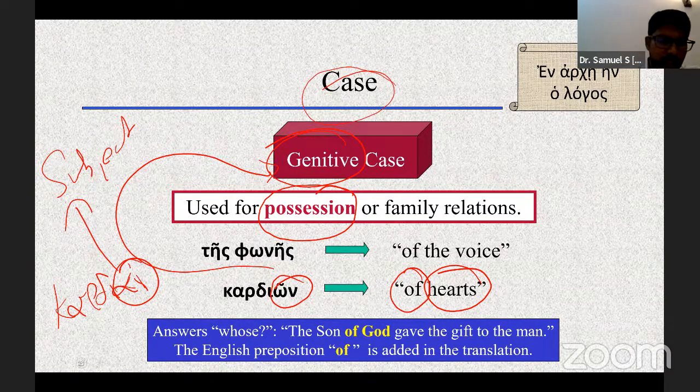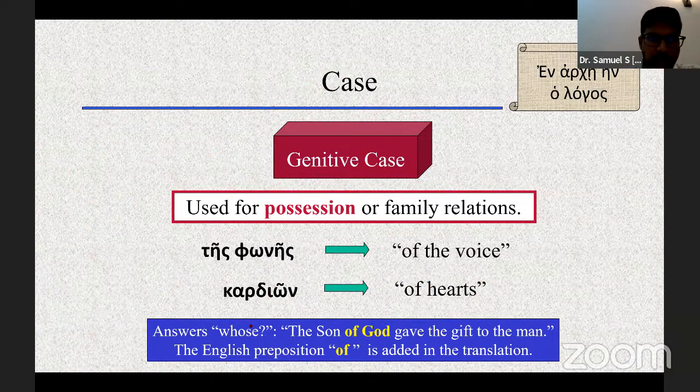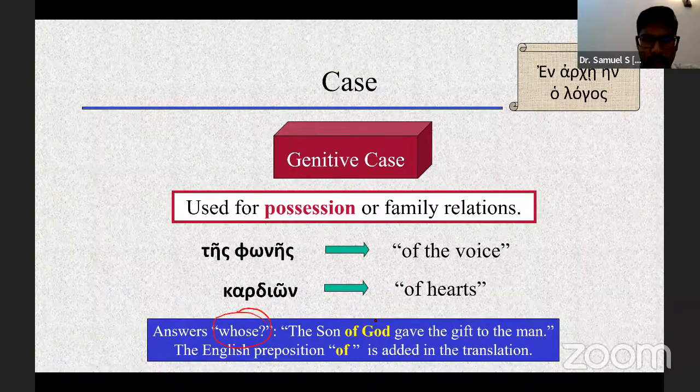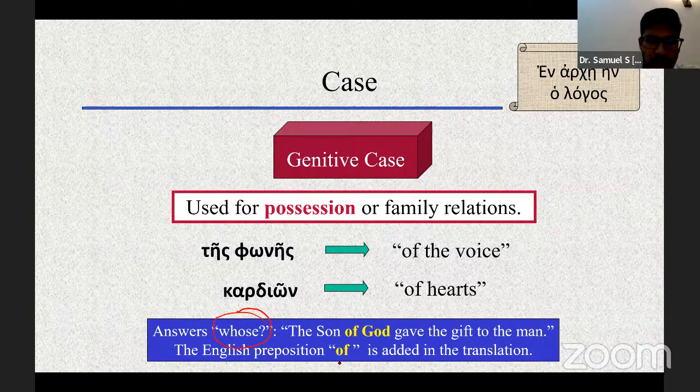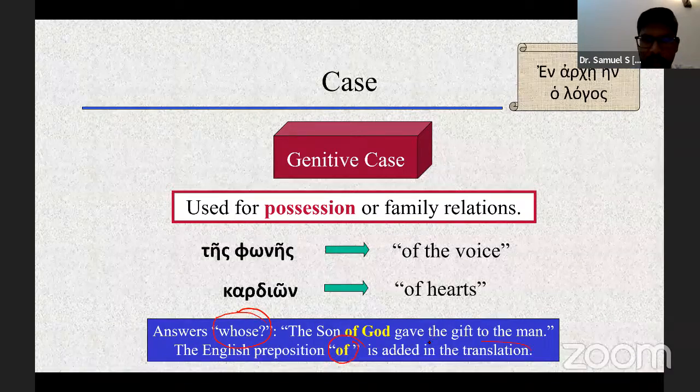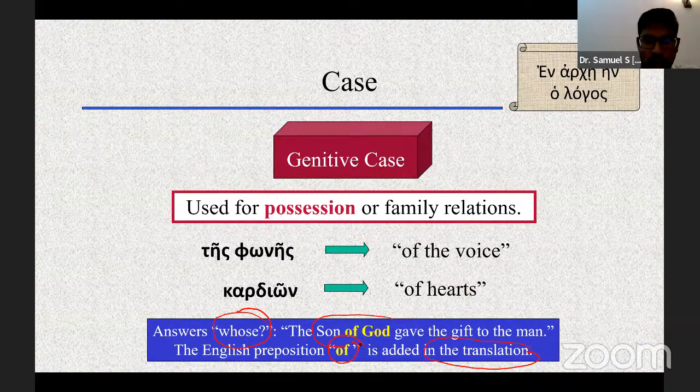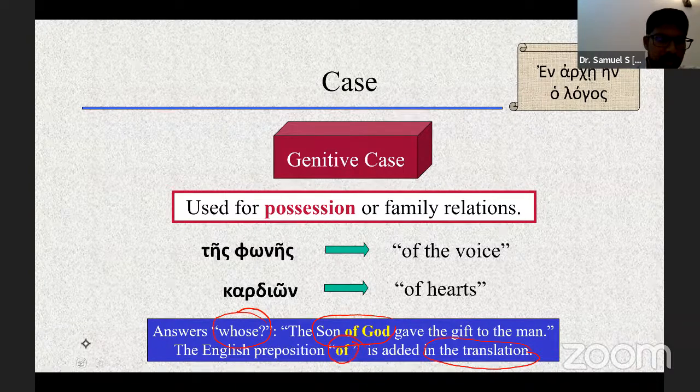And the genitive case answers the question whose. The Son of God gave the gift to the man. The English preposition of is added in the translation. So, for example, when we say the Son of God, whose son is he? He is the Son of God.